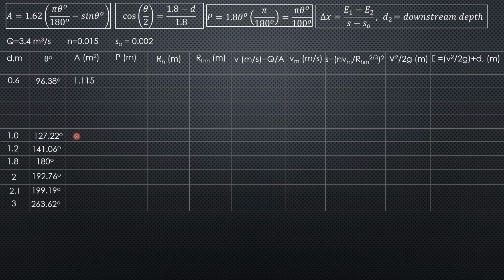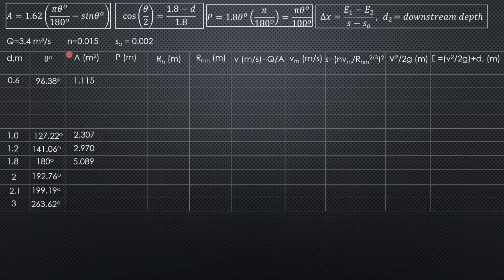Then in this situation here, you just replace theta by 127.22 in your calculator. This one also, 127.22, you will get 2.307. Then replace 141.06, this one 141.06, you will get 2.970. Then replace that by 180, you will get 5.089.